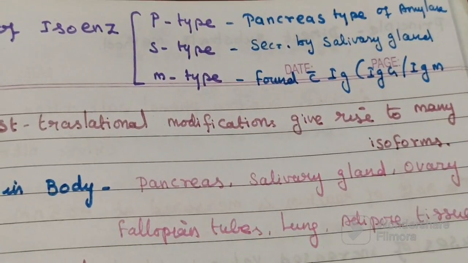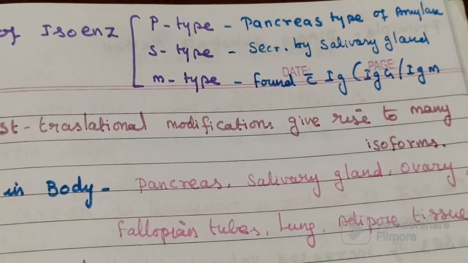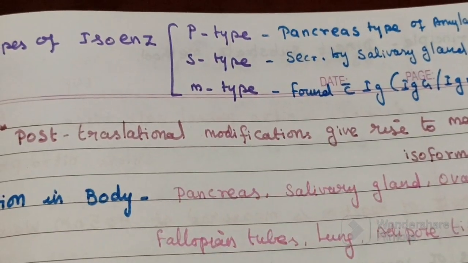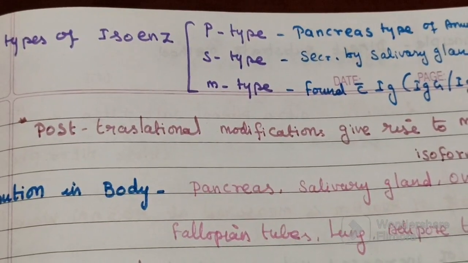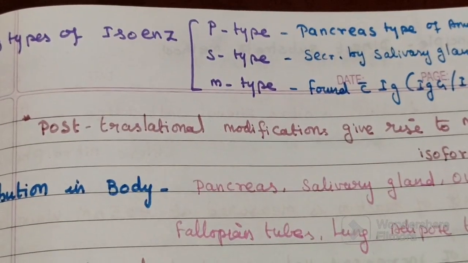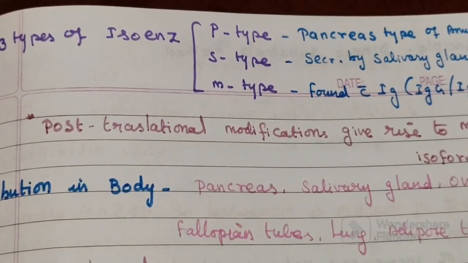IgG and IgM are bigger molecules, so amylase binds with IgG and IgM molecules and again forms a big amylase protein, which is called macroamylase. This macroamylase is not excreted through our kidney.